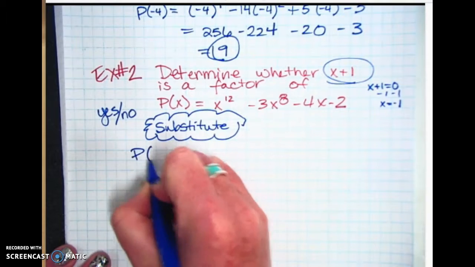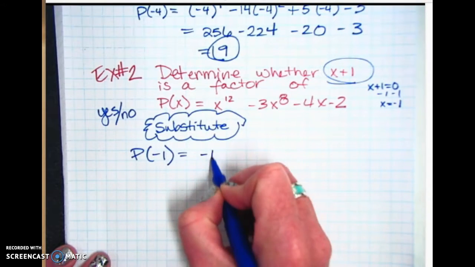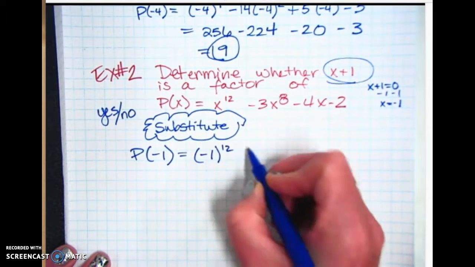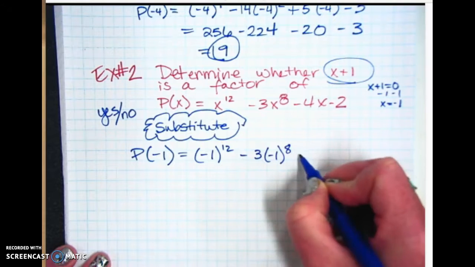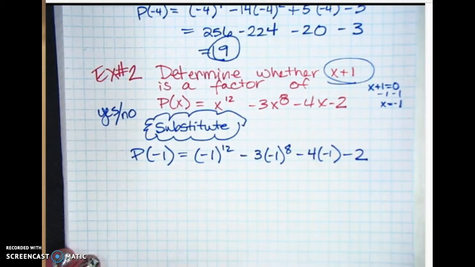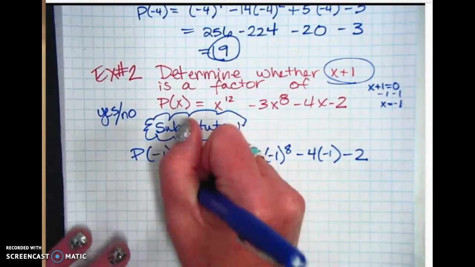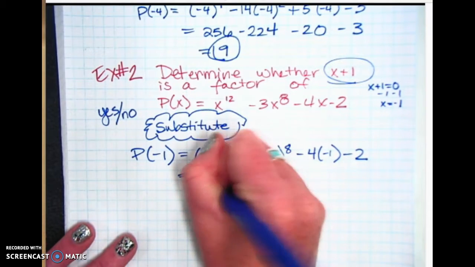Here we go. We're going to plug in -1 every time we see x. So we're going to have -1 to the 12th power minus 3 times -1 to the 8th power minus 4 times -1 minus 2. Then just pay attention to your order of operations. -1 to the 12th power happens to be +1.